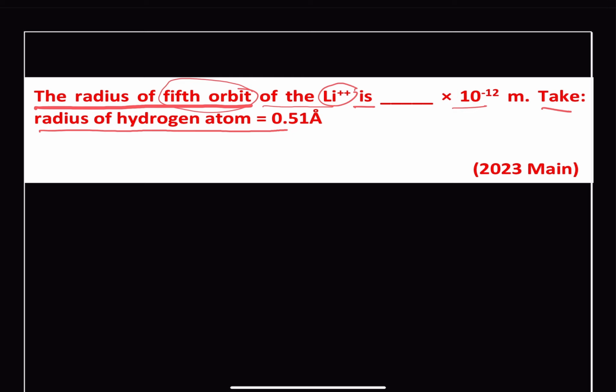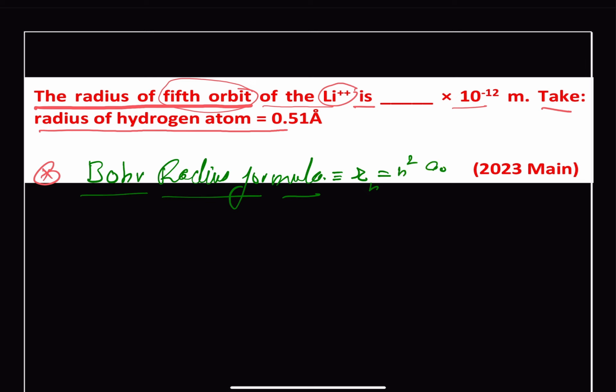And in this case we are going to use directly our Bohr radius formula. So we know the Bohr radius formula, which gives us for the nth orbit its radius as n square multiplied by a naught and divided by z.